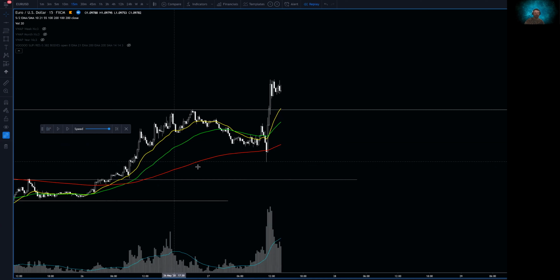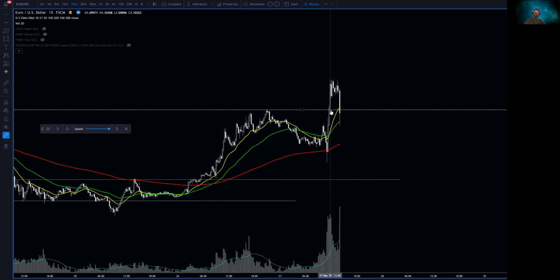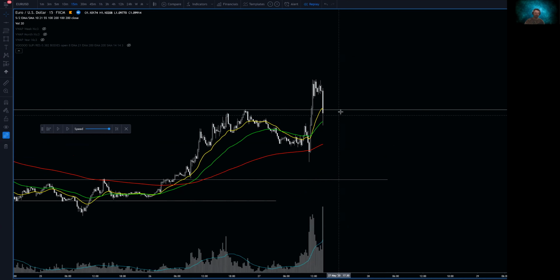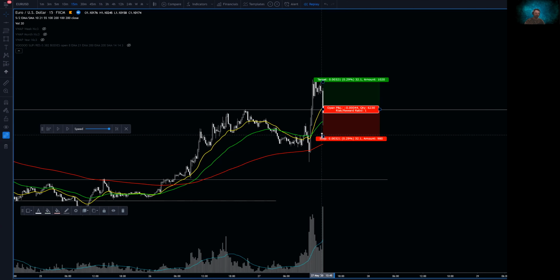I'm looking again for a 21 EMA long, because we not only broke the range to the upside, and this level will act as a support, but also we have the 21 EMA here, and I'm taking a trade here. Really easy, and you don't need to think.